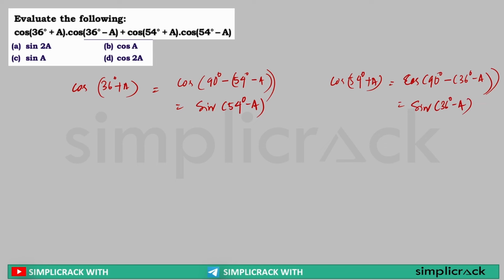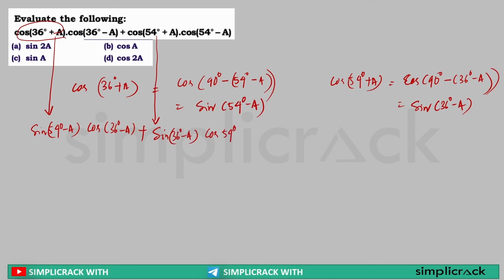Now why did I do this? The real motive behind this is, in place of cos(36 degree plus a) I will be writing sine(54 degree minus a). This will be as it is, that is cos(36 degree minus a), plus in place of cos(54 degree plus a) I will be writing sine(36 degree minus a), and this will be cos(54 degree minus a).